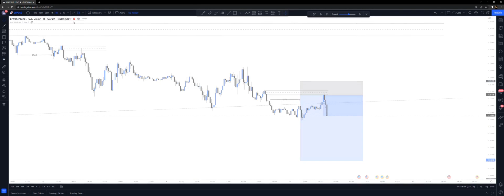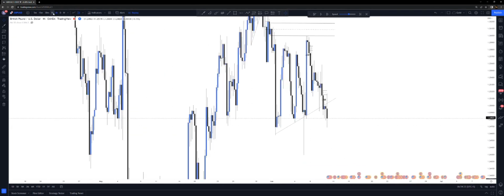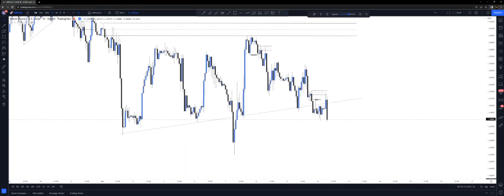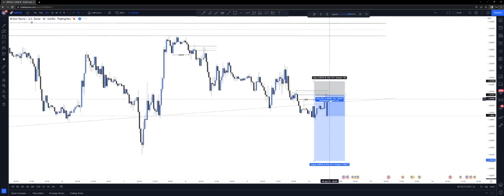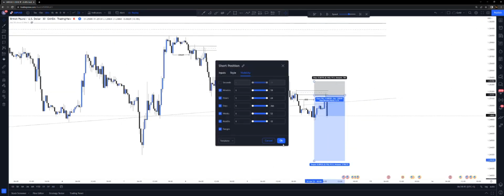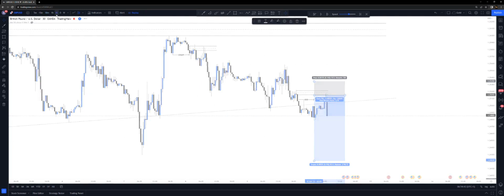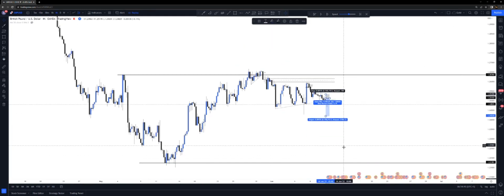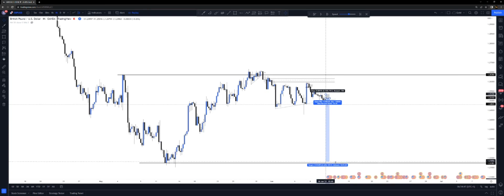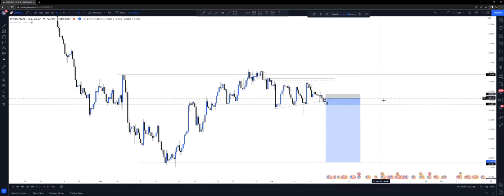So let's go to 4 hours for entry. Target visible on the hourly. Okay, for target, same target. So we see how things are going.